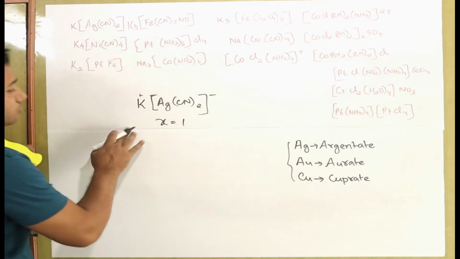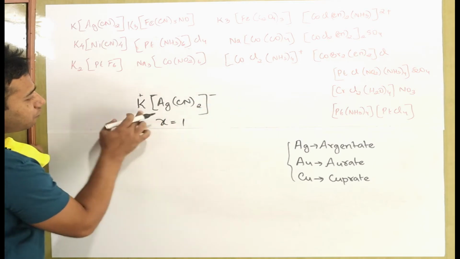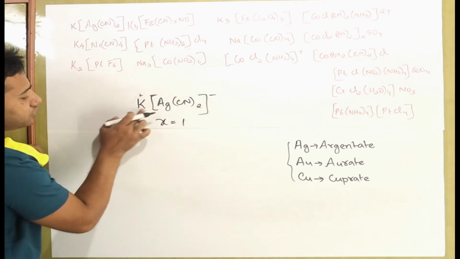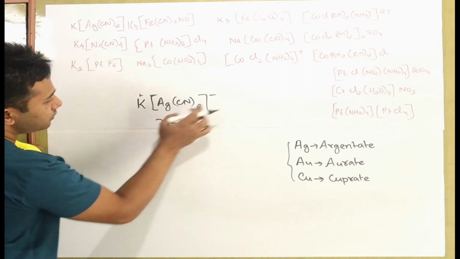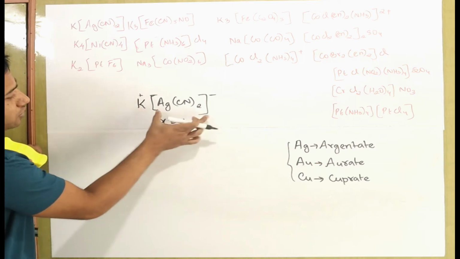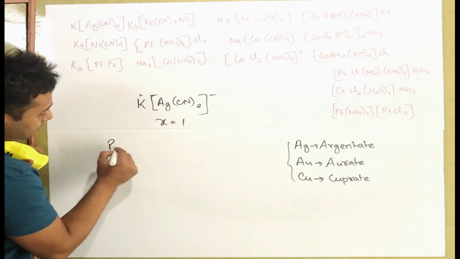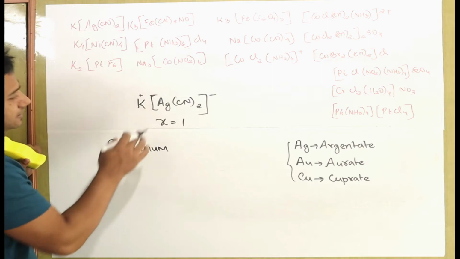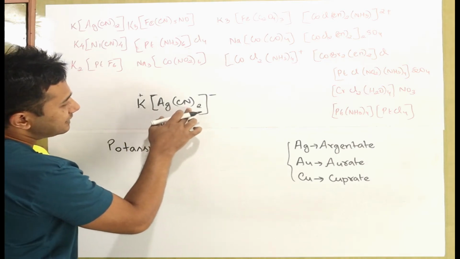Now we shall write the name. Whenever there is any element before the coordination part, you are supposed to write the name of that element first. Here, this is the coordination part and this is the element before it, potassium. So first we write potassium. After this, we write the name of the ligand.